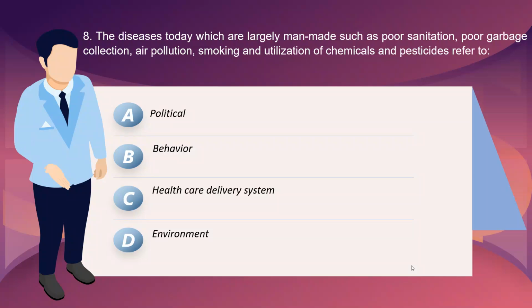the diseases today, which are largely man-made, such as poor sanitation, poor garbage collection, air pollution, smoking, and utilization of chemicals and pesticides, refer to A, political, B, behavior, C, healthcare delivery system, or letter D, environment. Of course, we know that poor sanitation, poor garbage collection, air pollution, smoking, and utilization of chemicals and pesticides are considered man-made diseases.